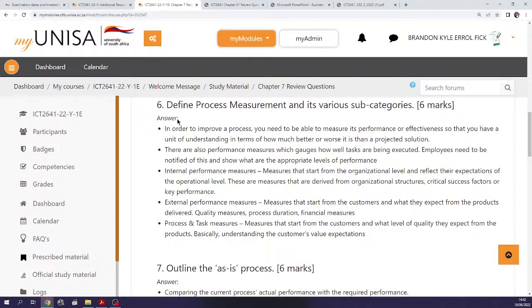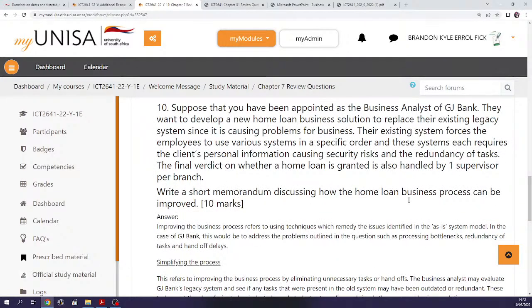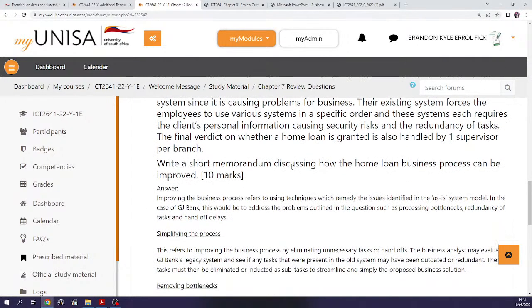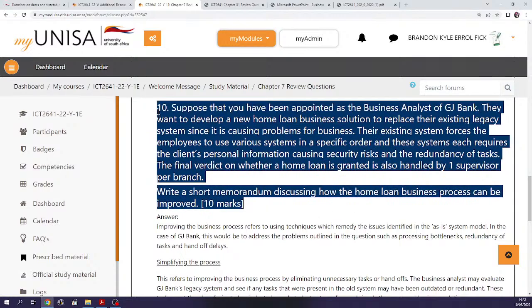It asks long questions which prompt you to have more understanding of the coursework so that you can provide better and more detailed answers in the form of long questions such as define for 6 marks, outline for 6 marks, illustrate. And then a practical question. These ones I wouldn't think are that important this time around, for 2022. Before, we had theory questions, and this was very important.